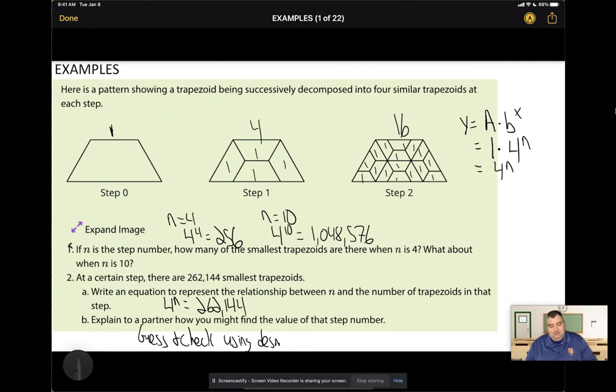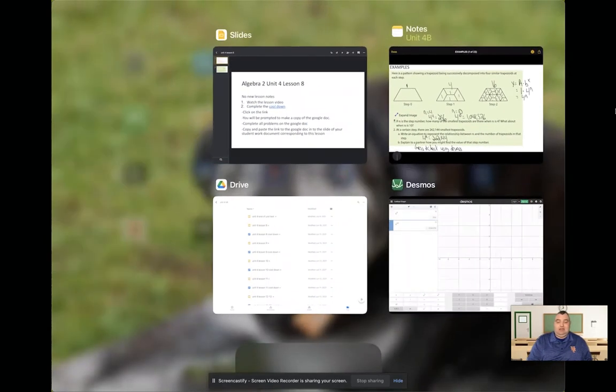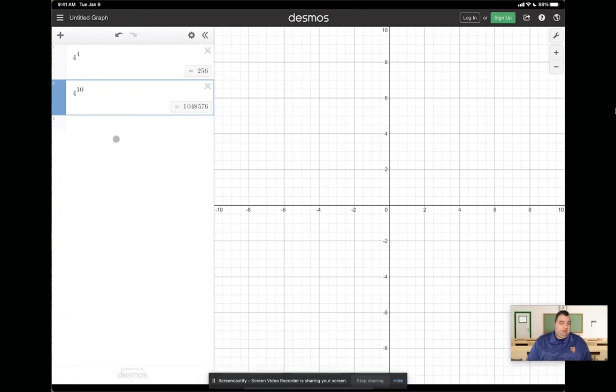I already know the answer has to be between 4 and 10, because at step 4 it was 256, and at step 10 we were already over 1,000,000. So 262,000 is going to be somewhere between that. Let's go on Desmos and actually figure out what the answer is.